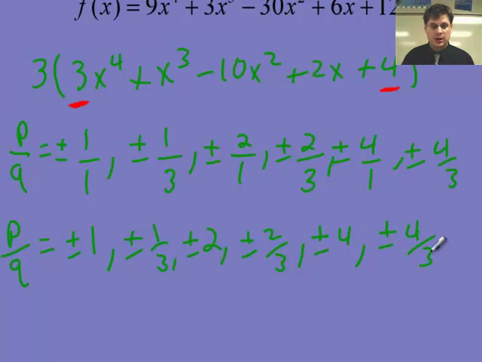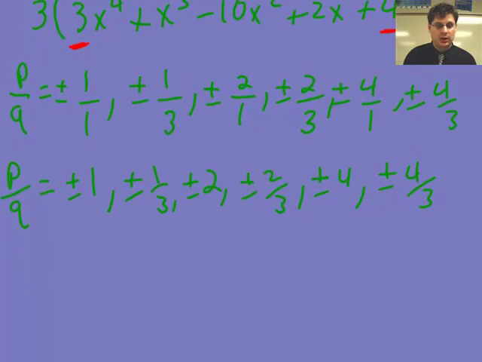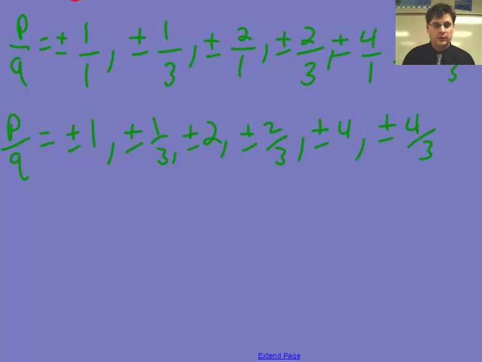There were none that were repeated in this particular problem. So if you're accounting for both the plus and minus, we have a total of 12 possibilities as far as rational zeros.